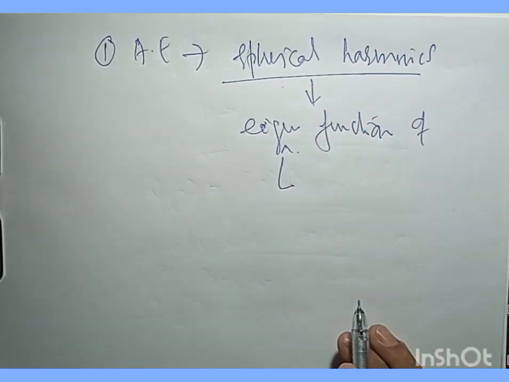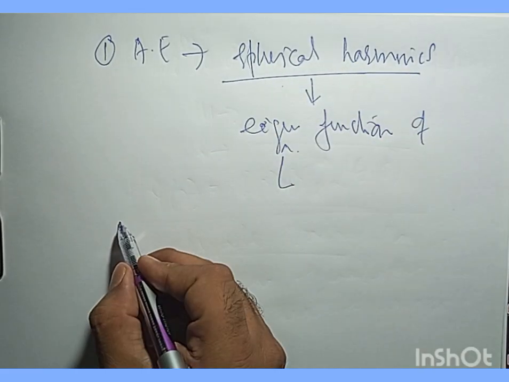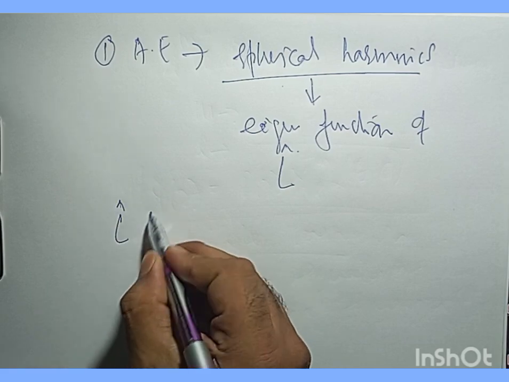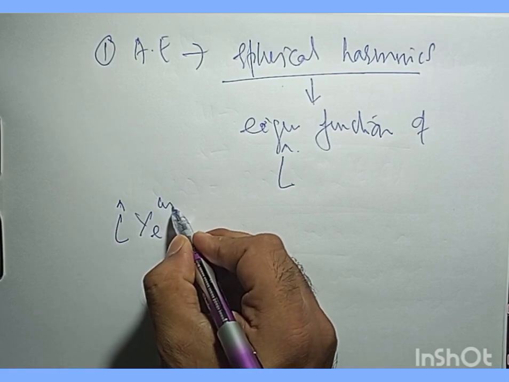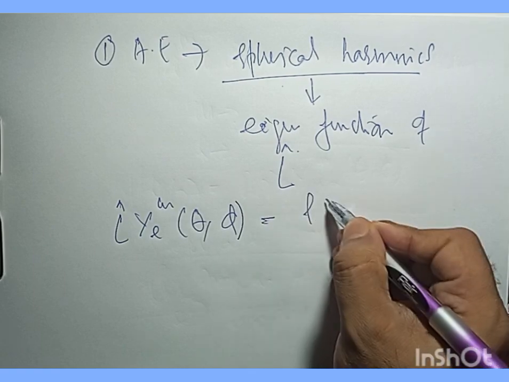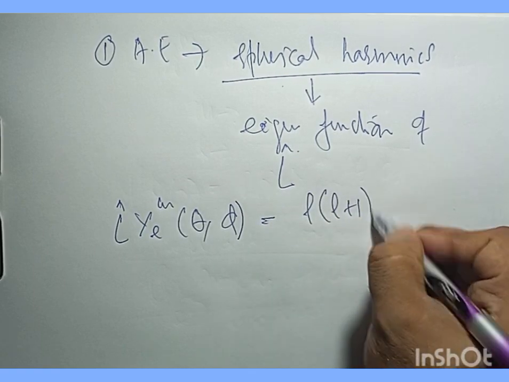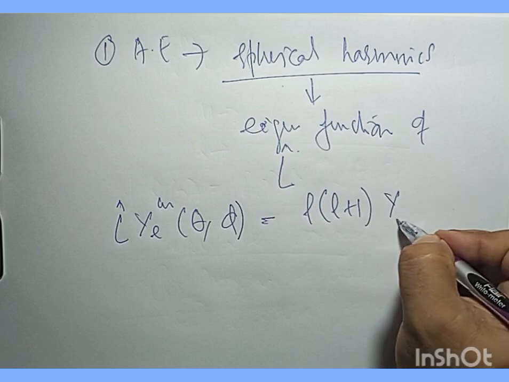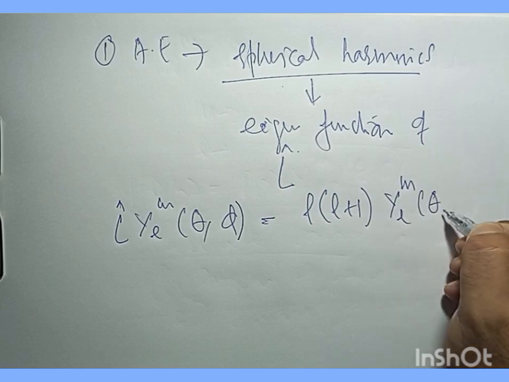So these are our spherical harmonics. The L squared operator acting on Y, L, M, theta, phi gives L into L plus 1, then Y, L, M, theta, and phi.